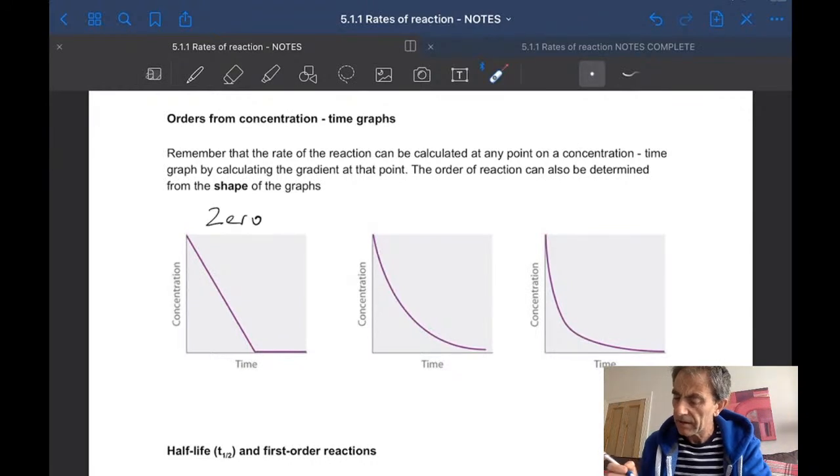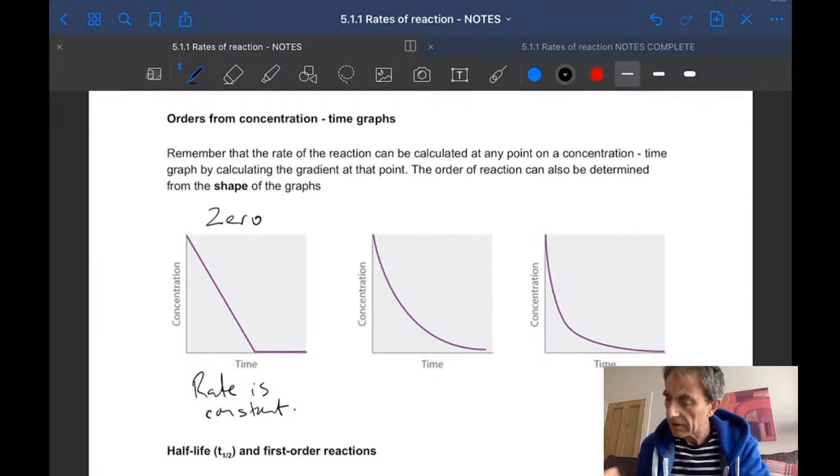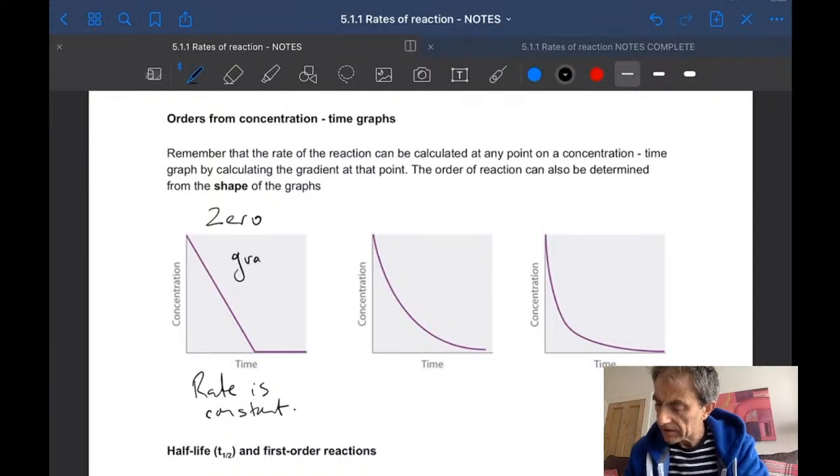So as the concentration's changing, the gradient isn't changing. In other words, the rate isn't changing. So the rate is constant for that one. Just put in there: gradient constant.